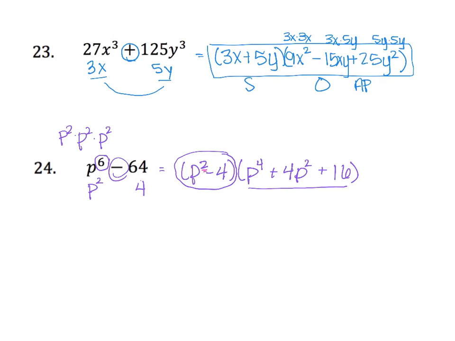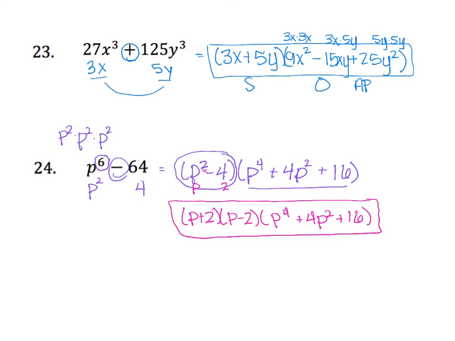So that's what we practiced last week. P squared was p times p, and 4 was 2 times 2. So that factored into p plus 2 times p minus 2. And then I still have p to the 4th plus 4p squared plus 16.